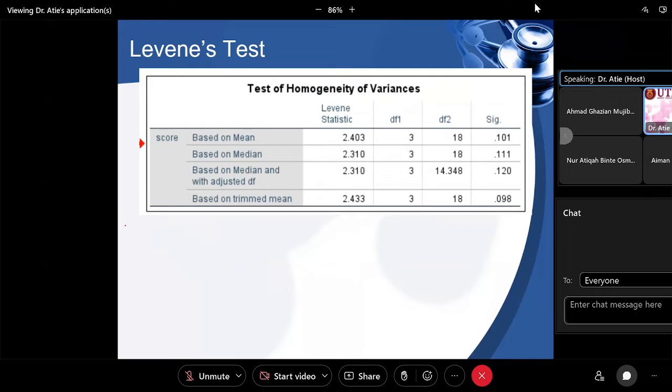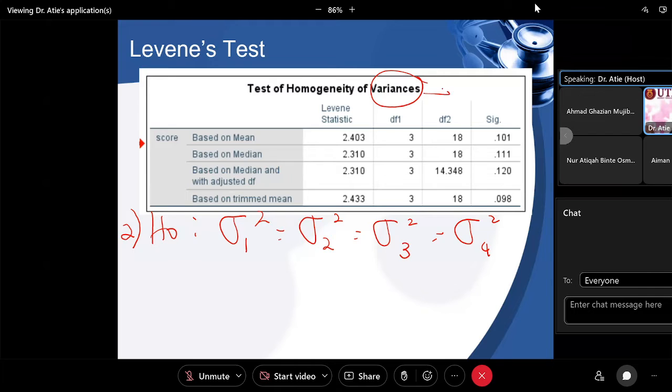So the step number 1 and step number 2. Okay, we need to write our hypothesis. So we want to check whether the variance, the difference, is there any differences between the four groups? When I said variance, the simple symbol is sigma.